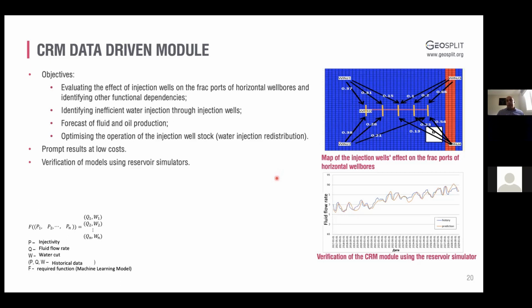Obviously, one of the validation methods is to look at the reservoir simulator and the production history matching between the two models. A couple of disclaimers: such model accuracy increases when there is a lot of historical data, and we are looking primarily at injection profiles and production profiles of each producer on a frac stage level, and we are also looking at the injection pressure.